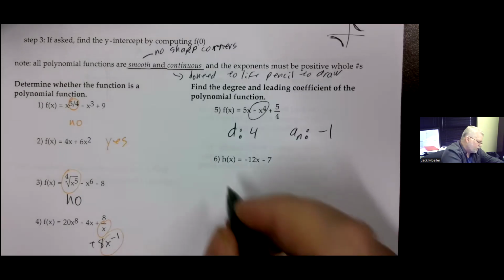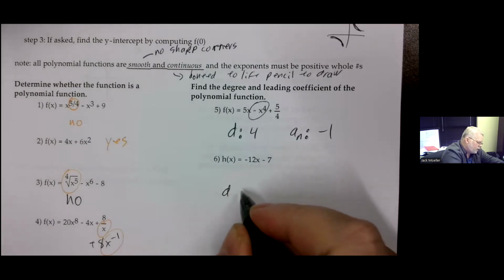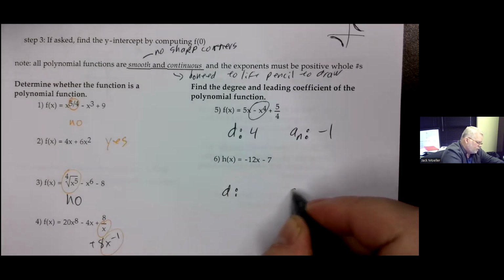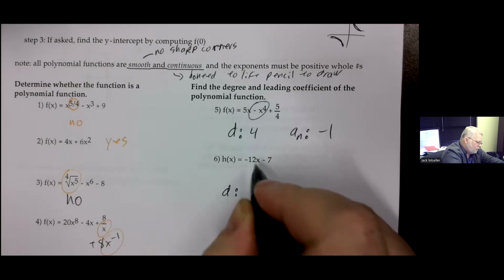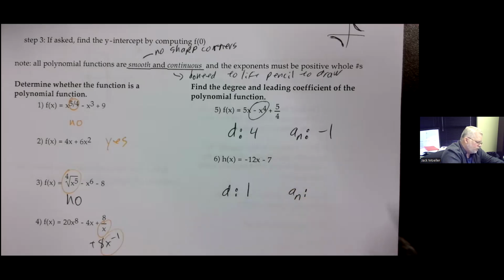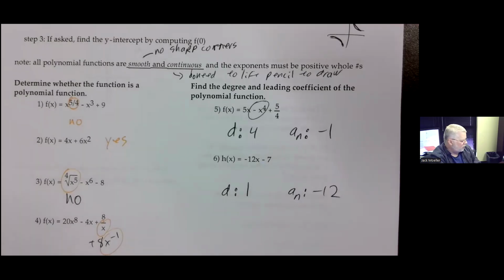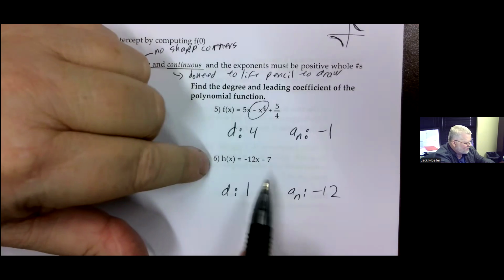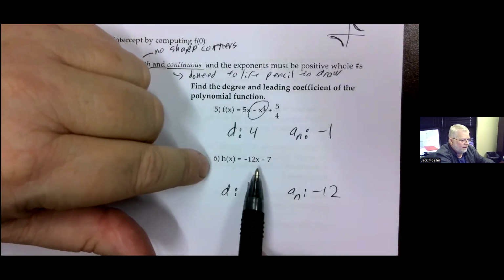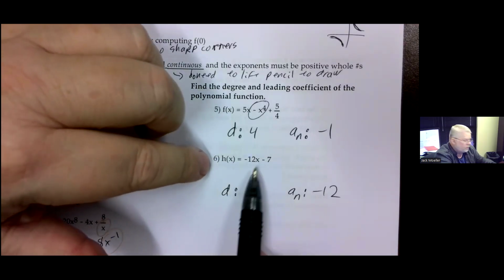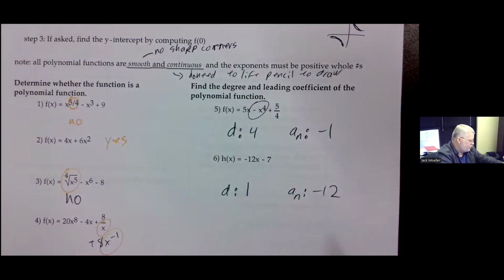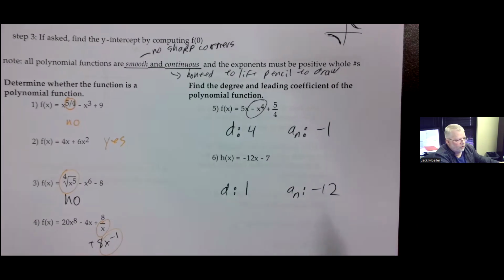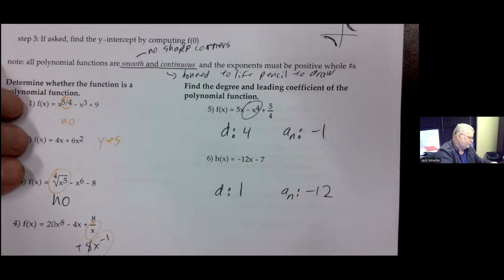What is the degree and leading coefficient on number 6, -12x minus 7? The degree is 1 because it's x to the first. Leading coefficient is -12. This is a line, so even though it's a polynomial, we're not going to deal with straight lines in this section because we already dealt with them back in chapter 2. They don't have the fun curves like x squared and above do.